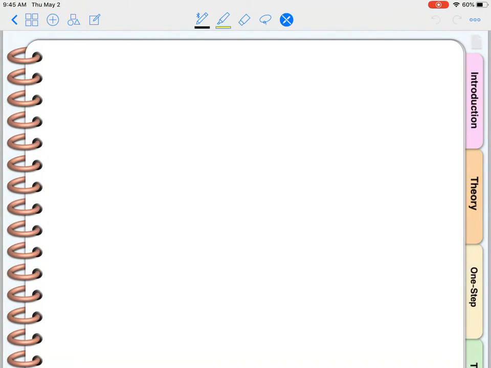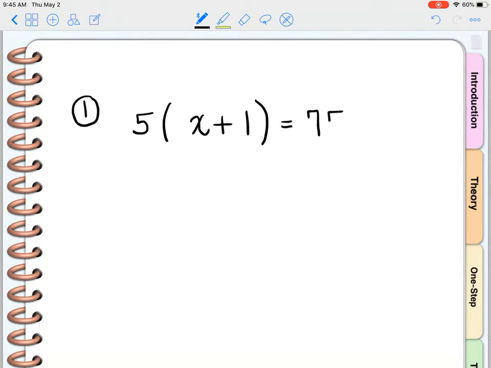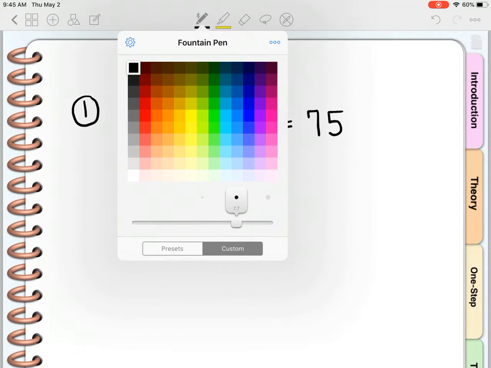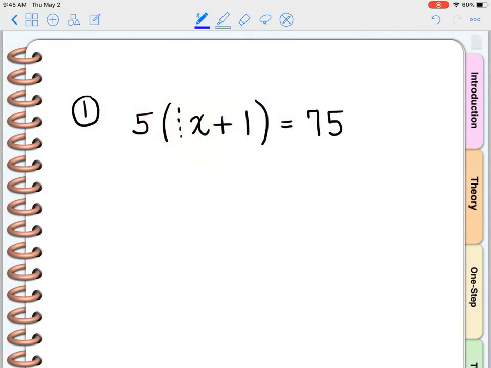So number 1 in this new section of the worksheet is 5(x plus 1) equals 75. So as we've been doing, let's put the ghost one in there for the x by itself. And then I need to show you how to do a process called distribution.